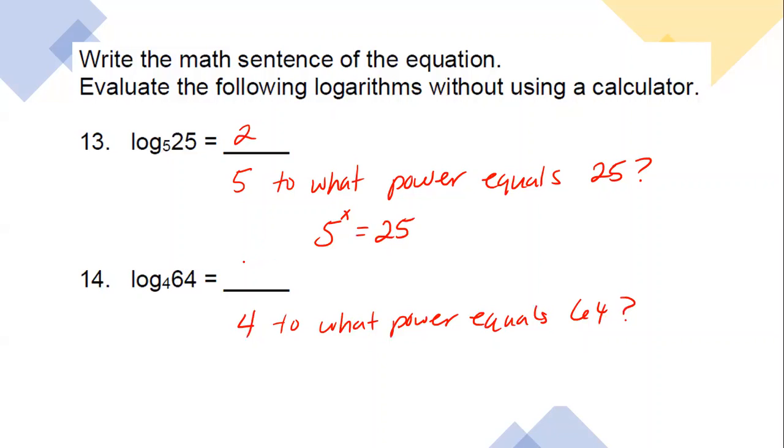So the answer is 3. So 4 to what power equals 64? And 4 to the third equals 64. Doable?